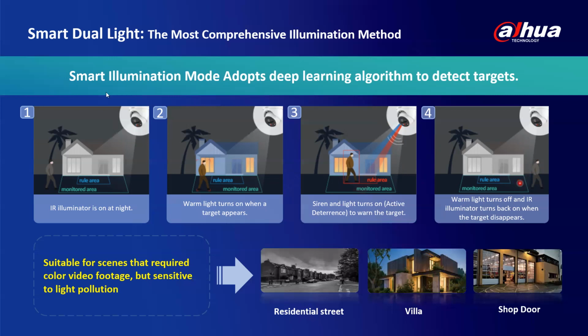So in this case, this kind of product is suitable for scenes that require color video footage but are sensitive to light pollution. It enables the users to see the events more clearly, and to get more detailed information about what has occurred in those areas.